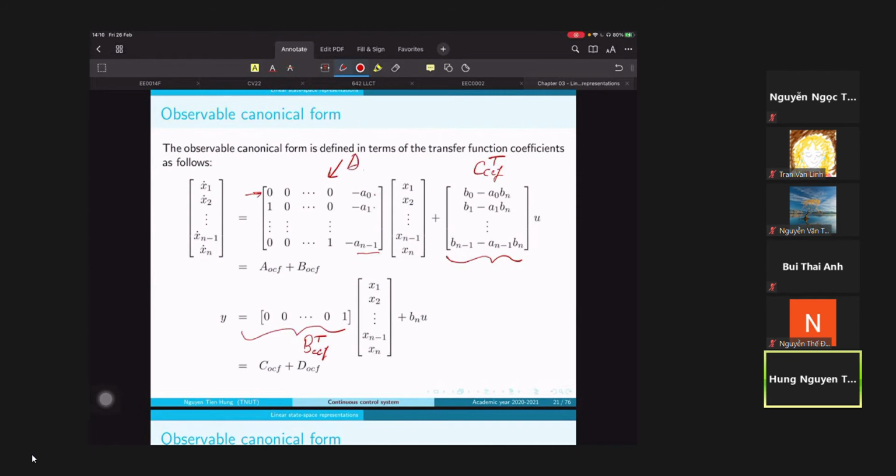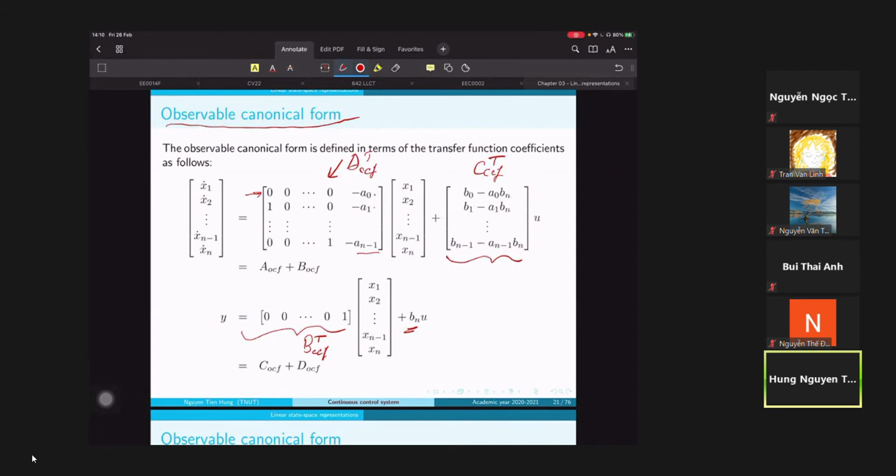Okay, and here you see this is a transpose. It looks like this, but D is the same. So if we represent a system in this form, we'll have another canonical form, and we call this the observable canonical form. This is the second way we can represent the system in state space equations.